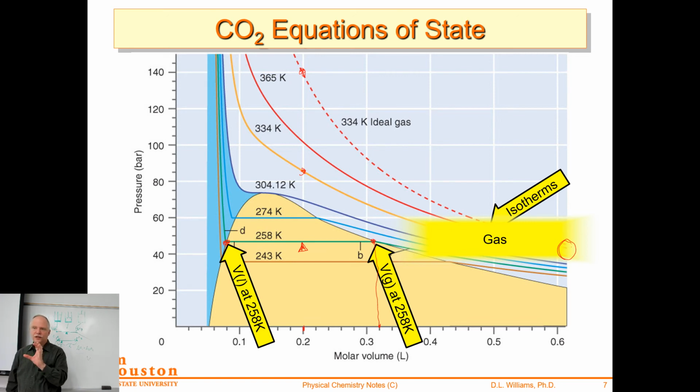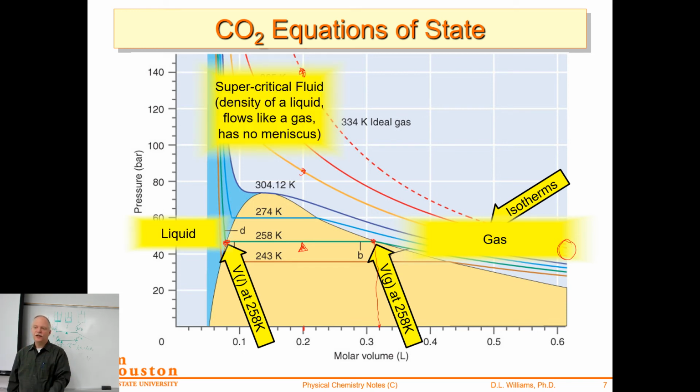So this is your interpretation of the PV diagram. Far right, we're going to have gaseous state. All the way to the left, we have the liquid state. In the middle, we have the mixture. And then up above that critical point, we have the supercritical fluid region. So it's got to be a higher pressure than the critical pressure. It's got to be a smaller volume than the critical volume, and a higher temperature than the critical temperature.